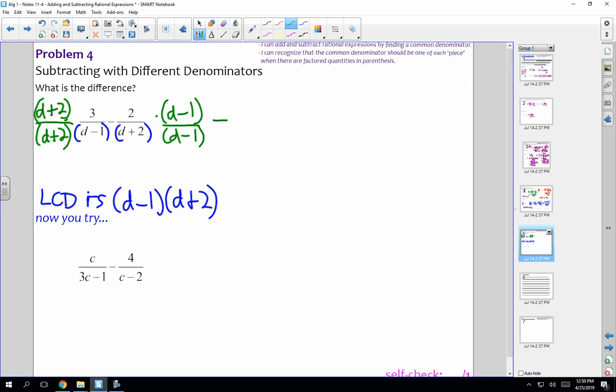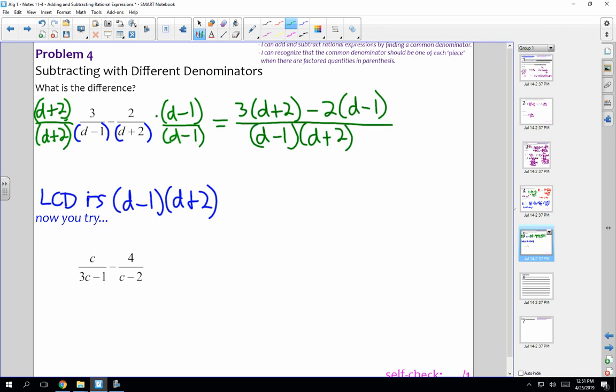So what this looks like is I've got a 3 that has to be distributed to the d plus 2, and I have a minus sign in there and a 2 that has to be distributed to the d minus 1, and all of that is over the common denominator d minus 1 d plus 2.